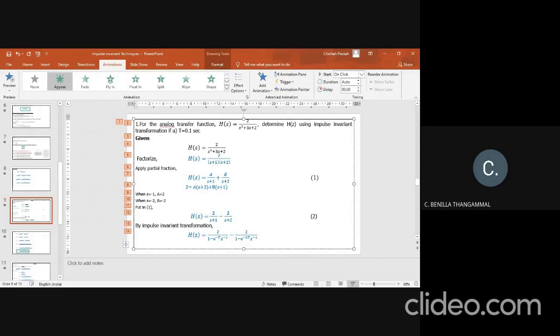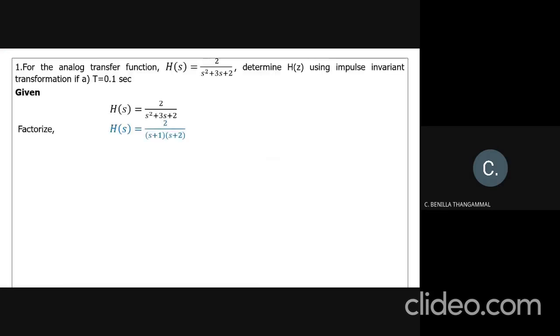So it will be A into (s plus 2) plus B into (s plus 1) equal to 2. Substitute s as minus 2, and I'll be getting B as minus 2.